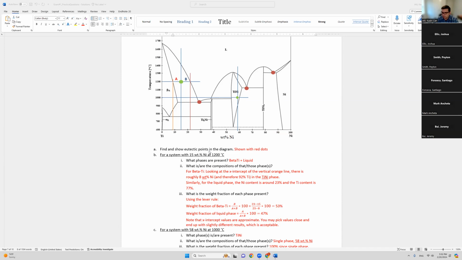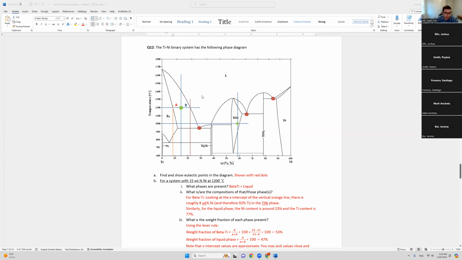Eutectic reaction is when you have a liquid phase transforming into two solid phases. And in this phase diagram, eutectic points are shown with these red dots, red circles. So we transform liquid phase at these red dots, liquid to two solid phases. So let's look here.